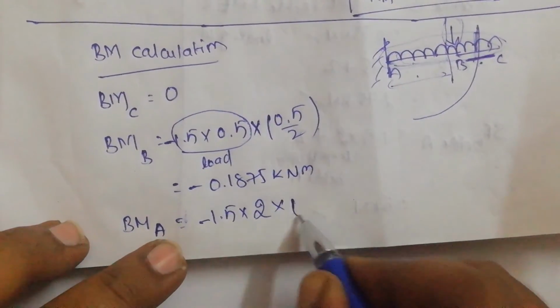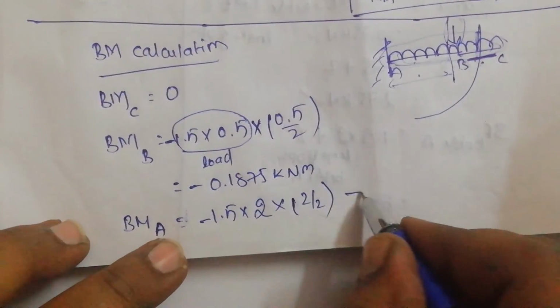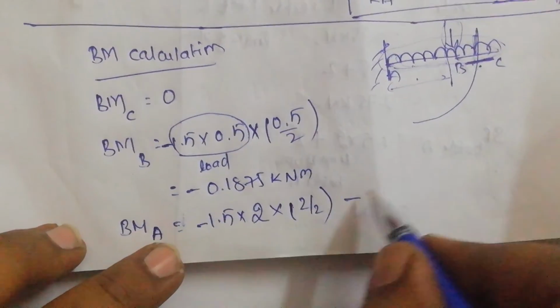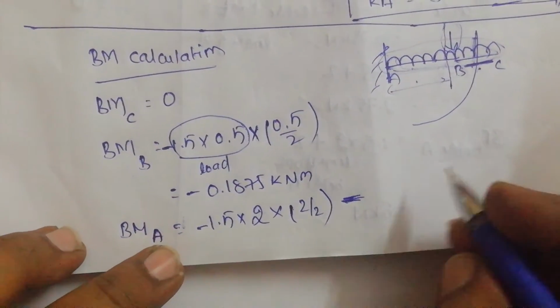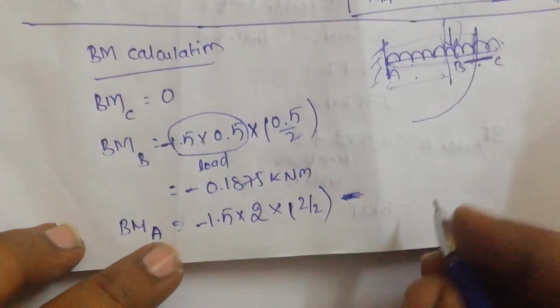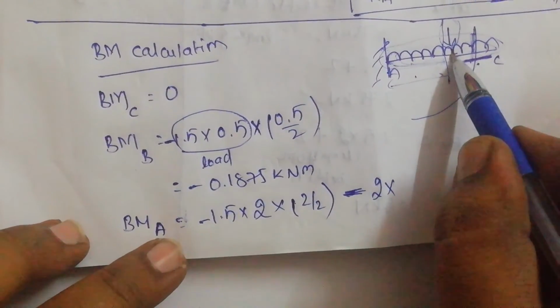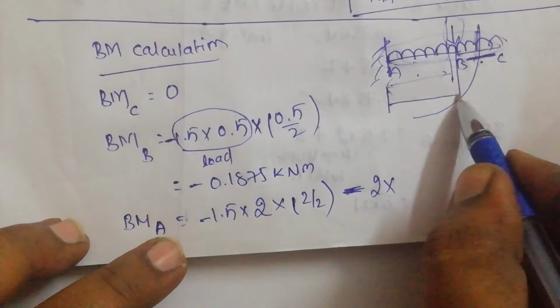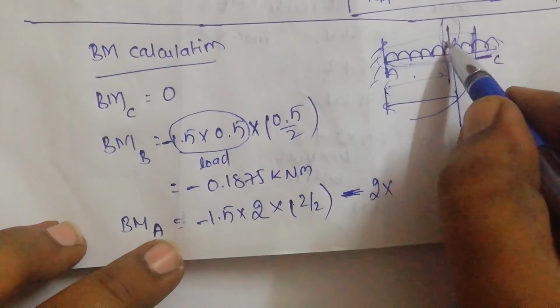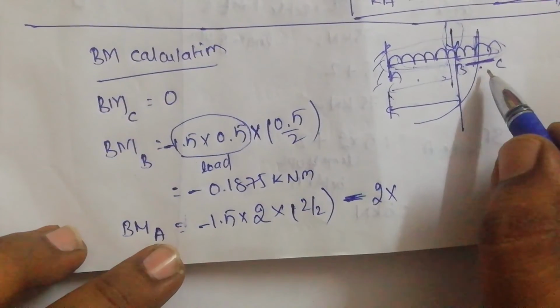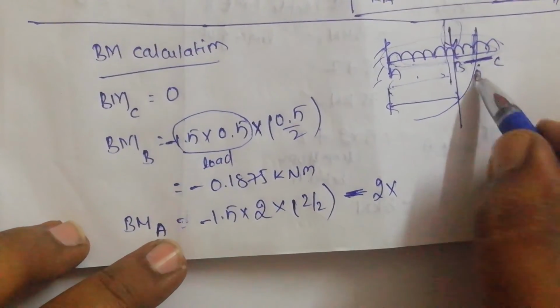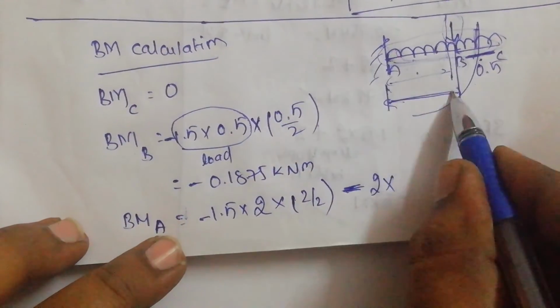That is nothing but 2 by 2, plus, since this is also in clockwise direction, we will take minus. The load at point A is nothing but 2 kilonewton into the distance of this point load to point A. The point load value is 2, but they have given the value of B to C distance as 0.5. So what will be the distance?